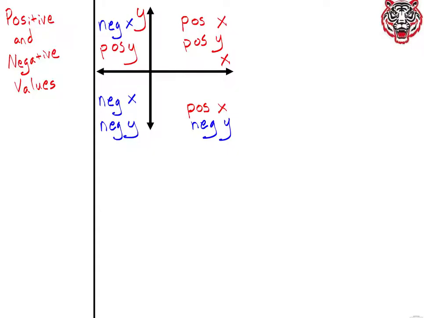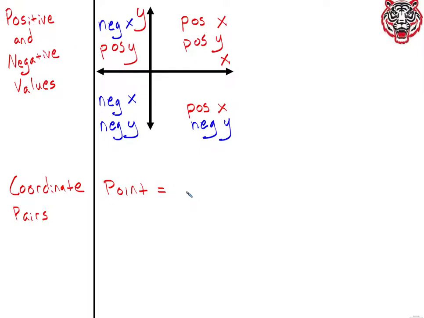All right. And last but not least in our notes, we need to talk about coordinate pairs. If I'm talking about a point on a graph, in order to give the location, I need to give you the coordinate pair. So a point is equal to the coordinate pair.